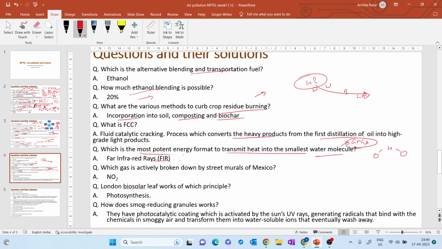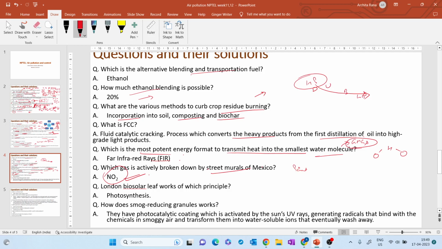For example, the street murals in Mexico: they used a paint which absorbs pollution, and among all the pollutants, it's very effective for the gas NO2. It is seen in Mexico that in regions where there are a lot of street murals painted with this new technique, they have a high reduction in NO2 levels. Of course they might absorb other types of gases or particles, but this gas is majorly affected. So I think you need to know that.